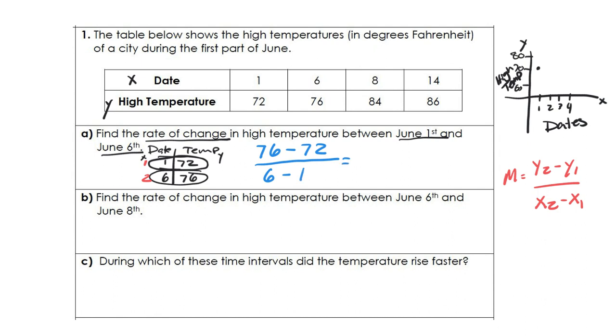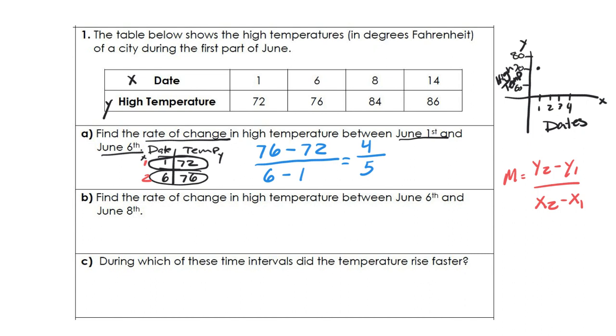Now I'm going to leave it in fraction form to solve right now. So 76 minus 72 is 4, and 6 minus 1 is 5. So 4 over 5 is my slope.